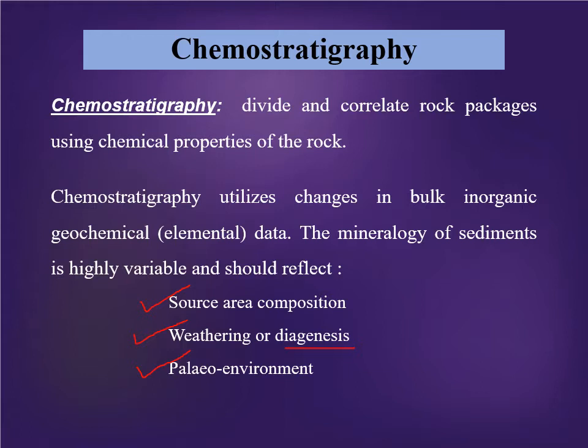Suppose the environment is very acidic and aquatic, then the carbonate mineral will most likely not be precipitated or deposited. So these three factors are the main guiding factors by which the mineralogical composition within the sediments, and ultimately the elemental composition within the sedimentary rock layers, will vary.